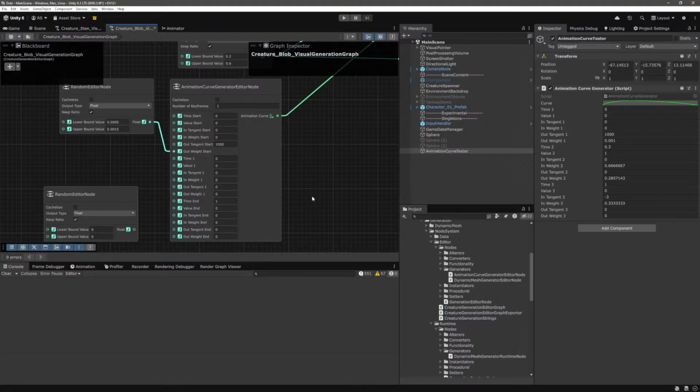What can we do? What can we do? Should we put this one into a scriptable object, maybe? Maybe we could.